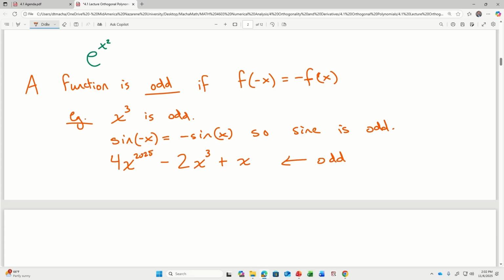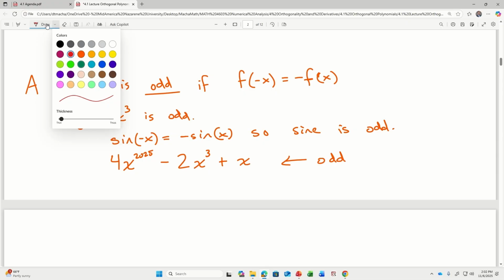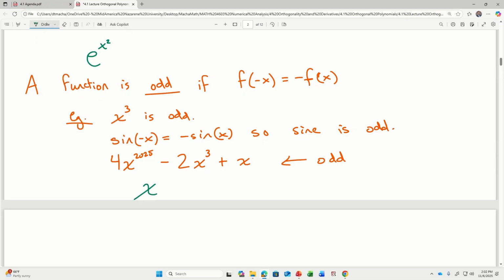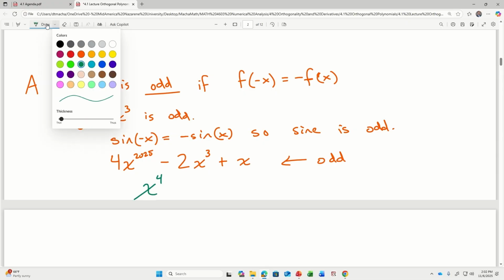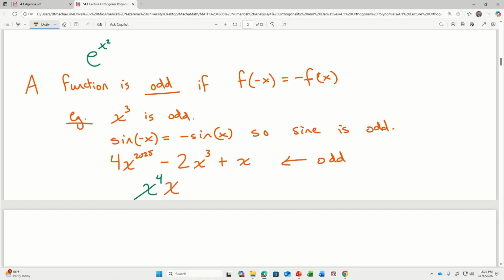It's a little bit harder to make odd functions. But if I were to have an even function times an odd function, what I always get out is an odd function. In fact, if I had cosine of x, which is even, times sine of x, which is odd, that's going to be an odd function. Every time you have even times odd, you get odd.